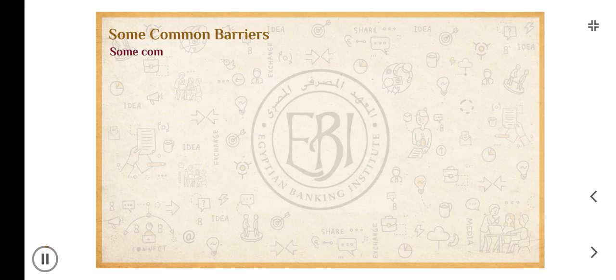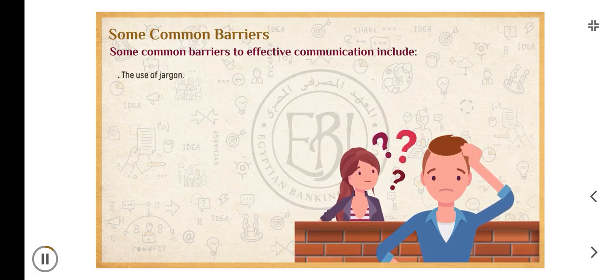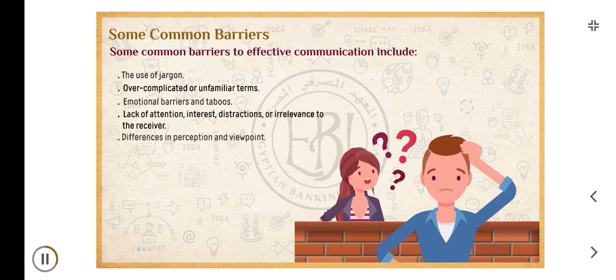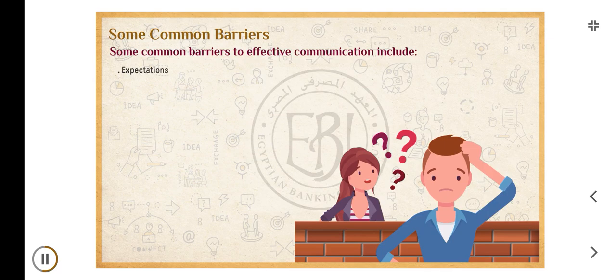Some common barriers to effective communication include the use of jargon, overcomplicated or unfamiliar terms, emotional barriers and taboos, lack of attention, interest, distractions, or irrelevance to the receiver, differences in perception and viewpoint, physical disabilities such as hearing problems or speech difficulties, physical barriers to nonverbal communication, language differences and the difficulty in understanding unfamiliar accents, expectations and prejudgment, which may lead to false assumptions or stereotyping.